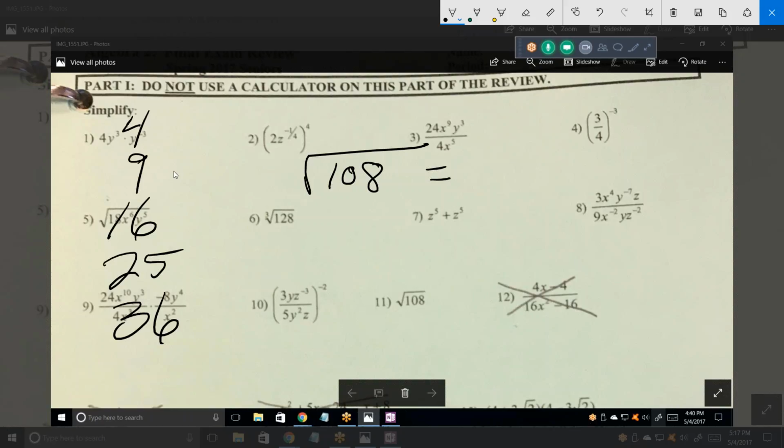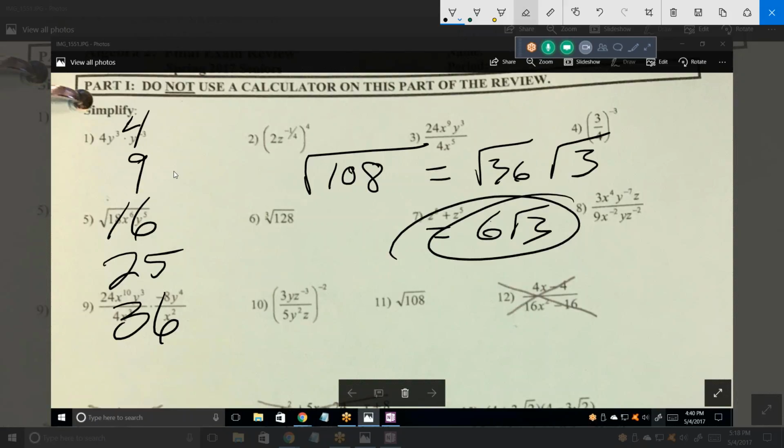What I'm looking for is, are there any factors of 108 that are one of these perfect square numbers? Yes. Which one? What's the biggest one? That's what we're really looking for, the biggest factor. 36. So that's the square root of 36 times the square root of 3. That's 6 root 3. That's the answer.